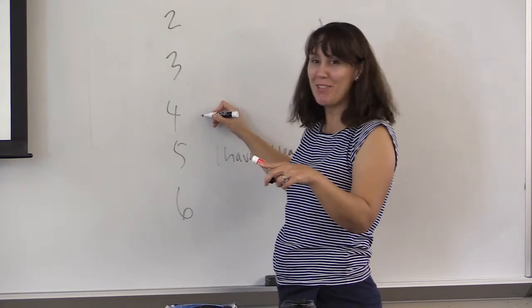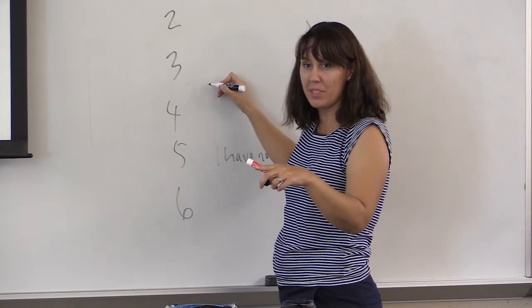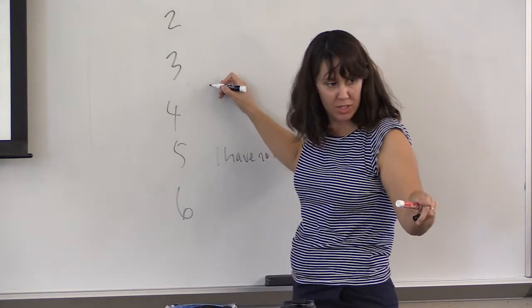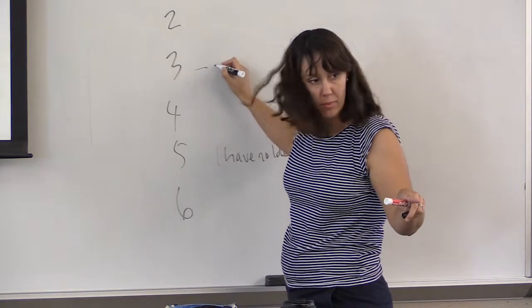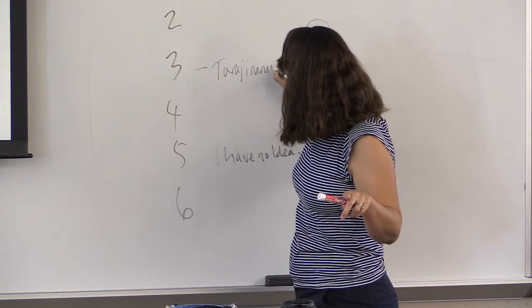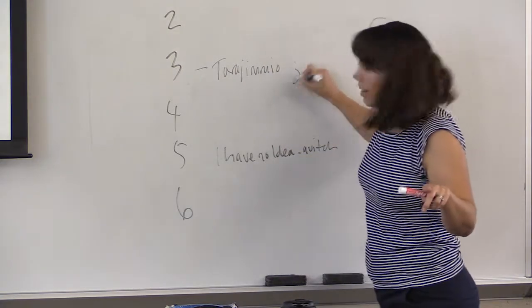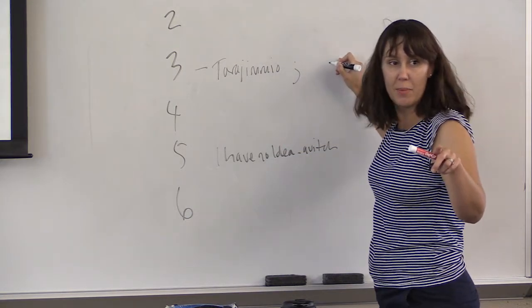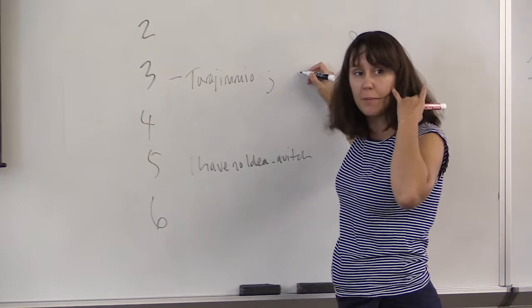Okay, anyone taking 4 steps? 3 steps? Okay, we've got quite a few families. What's your family's name? Terrajim. Okay. All right, next. Anybody else taking 3 steps? Yeah. Your name?